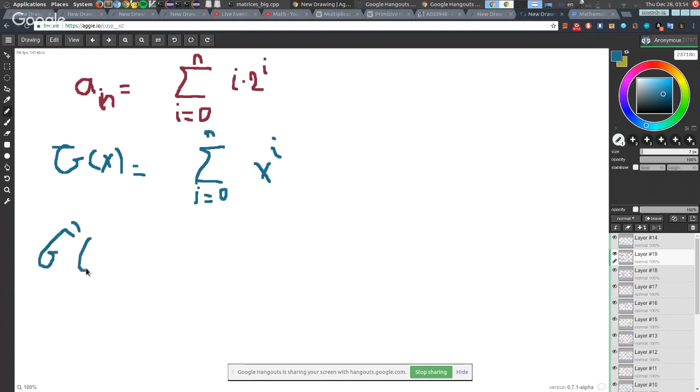Basically g dash here is equal to the summation of i times x to the power i minus 1. Basically this has to start from 1.